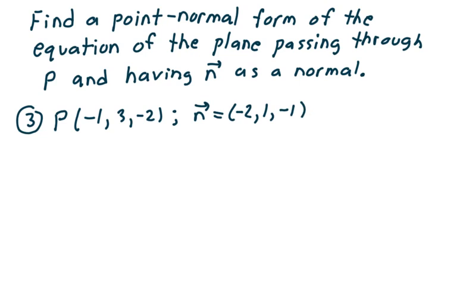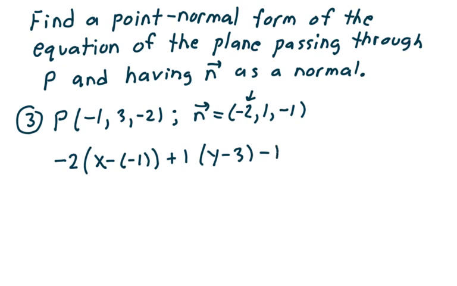So how does this work? Okay, so I'm going to take -2, right? That's the first component of the normal. And I'm going to multiply by x minus -1. Then I'm going to go plus 1 multiplied by y minus 3 minus 1, right? That's the third component of the normal.